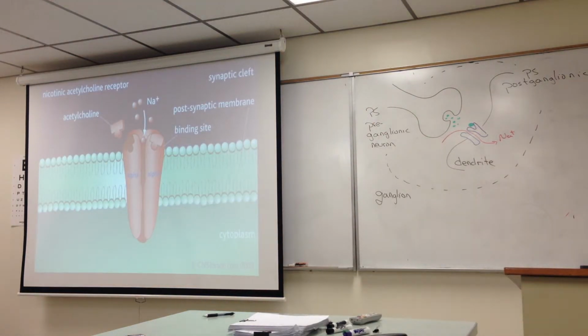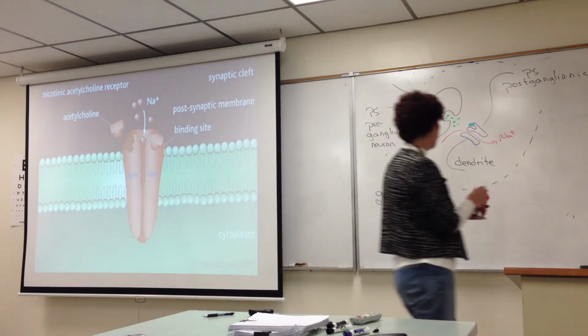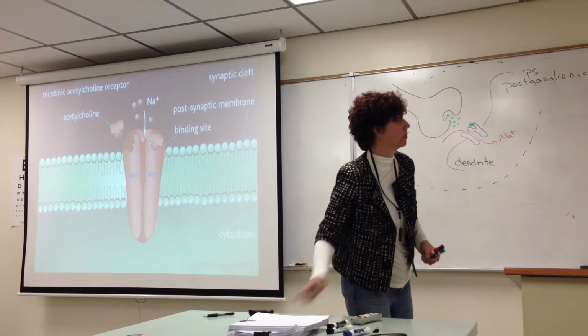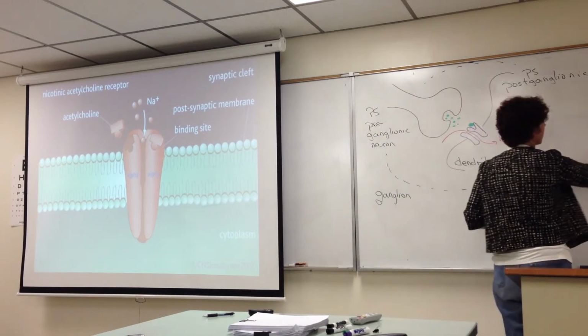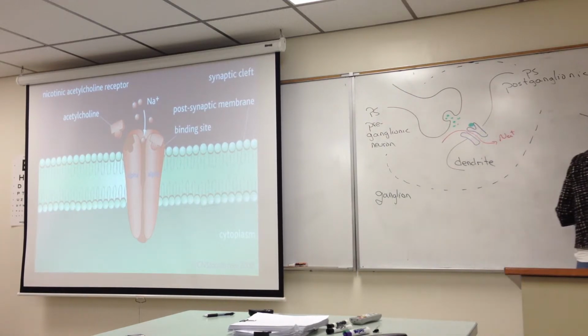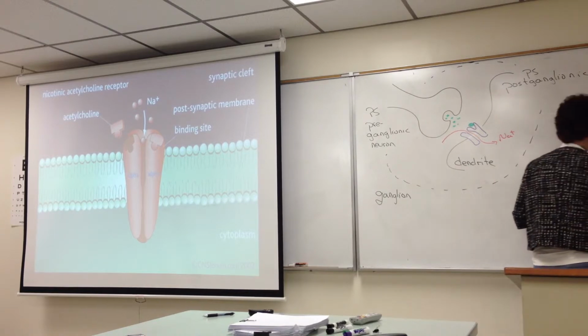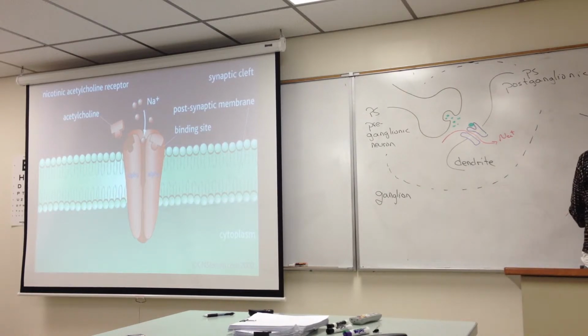All right, so now our postganglionic neuron has its own axon terminal, and it has a synaptic glucan, which is releasing acetylcholine. But instead of binding to a nerve, it's going to bind to smooth muscle, our cardiac muscle.